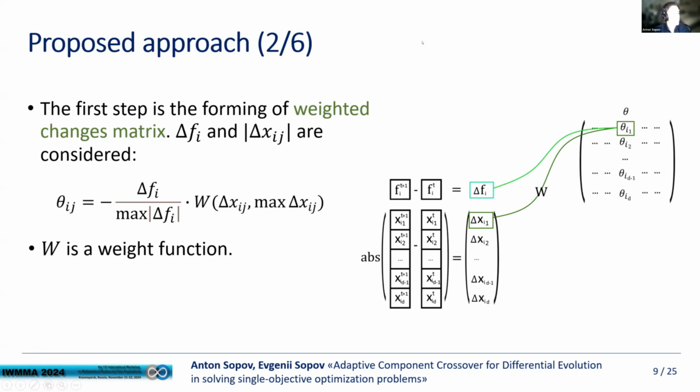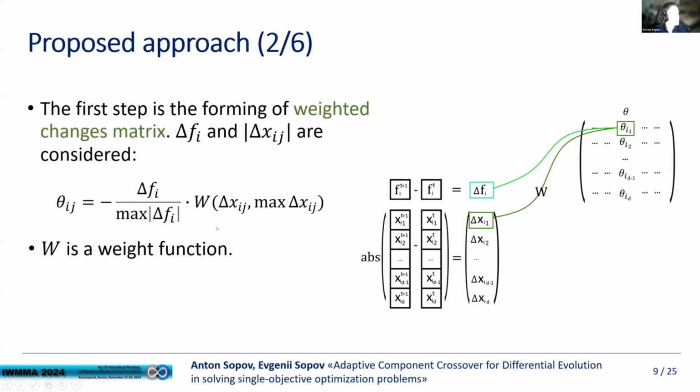There we have a weighted change matrix. For example, if a variable changed slowly or didn't change at all, then it might not have influence on the overall change, and we should not consider it. But if it changed a lot, then it might have some influence on the overall change.